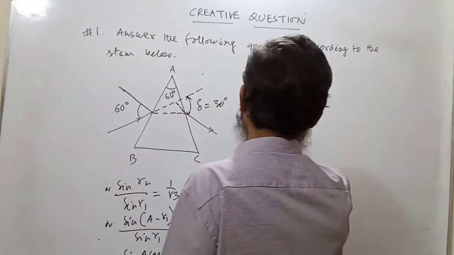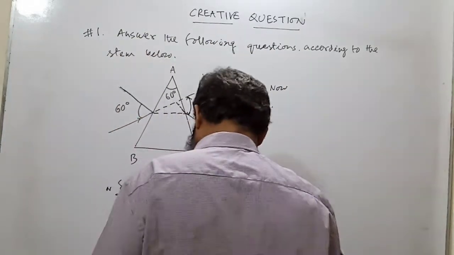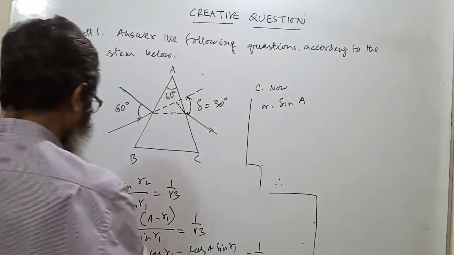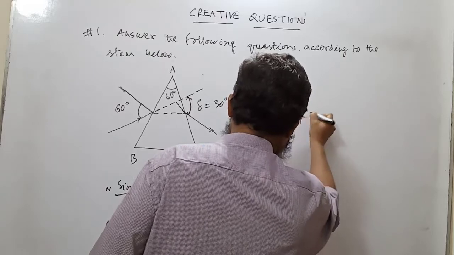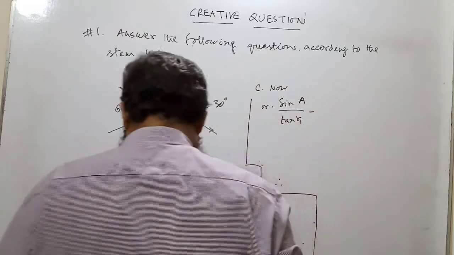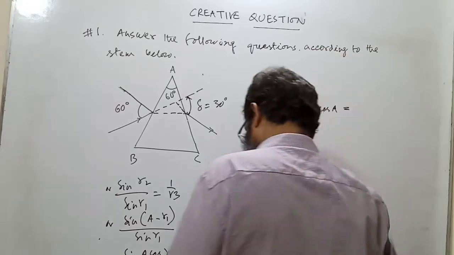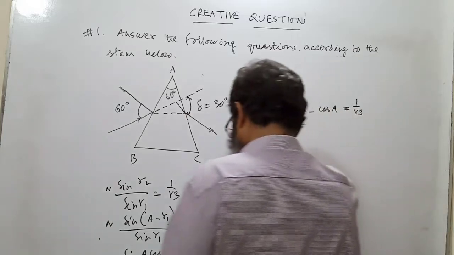Or sin A by tan R1 minus cos A is equal to 1 upon root 3.